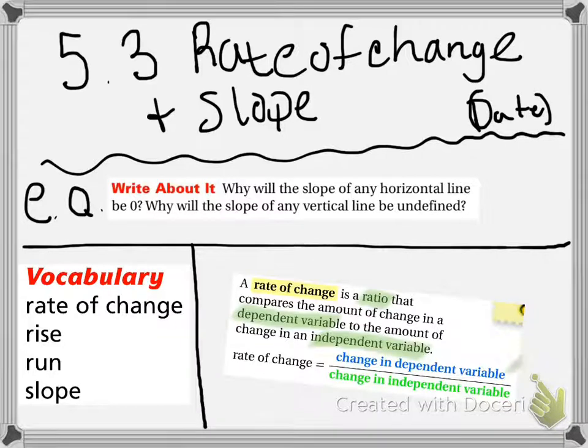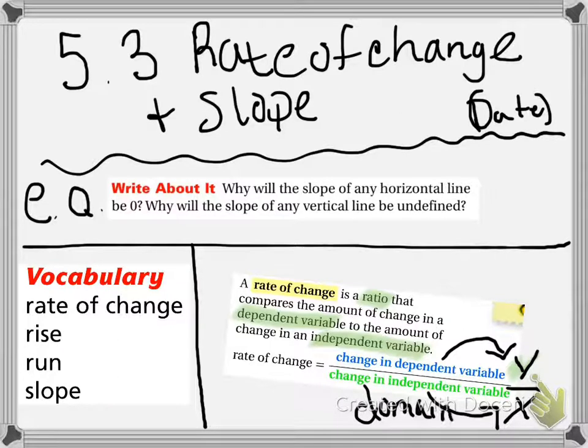In other words, the change in y over the change in x, okay? Because dependent is always y, independent is always x. Same thing as saying domain and range, okay? And we also have rise, run, and slope.